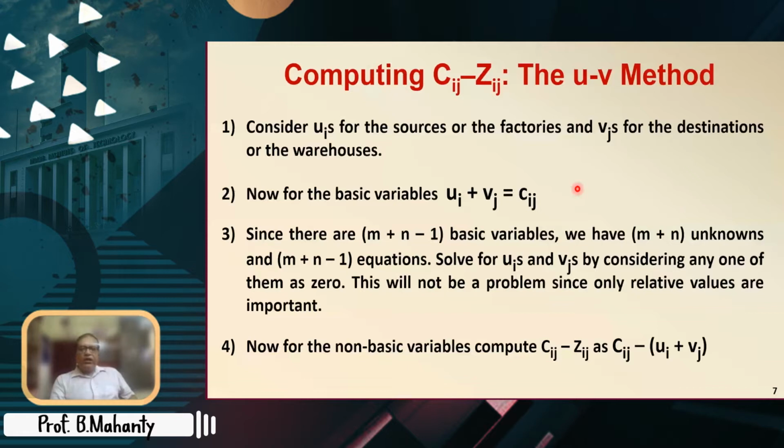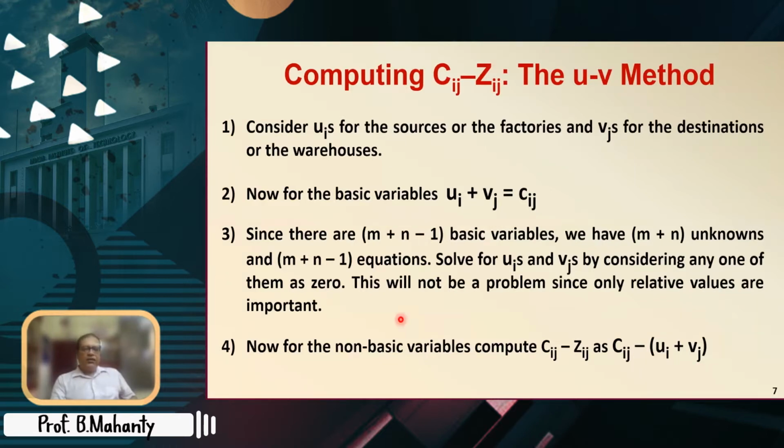Since Cij minus Zij equals 0 for the basic variables, we have Ui plus Vj equal to Cij. Whereas for the non-basic variables, Ui plus Vj represents the cost differential, that is Zij, or the loss or profit per unit. So for non-basic variables, we compute Cij minus Zij as Cij minus (Ui plus Vj).